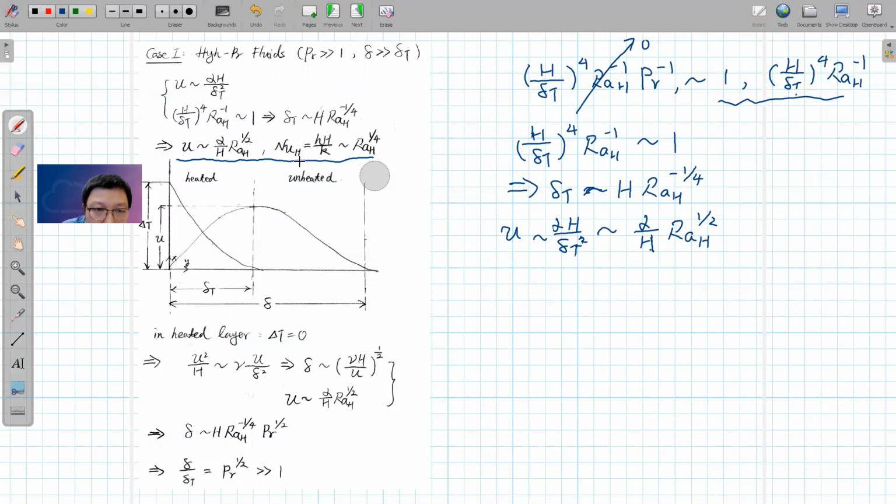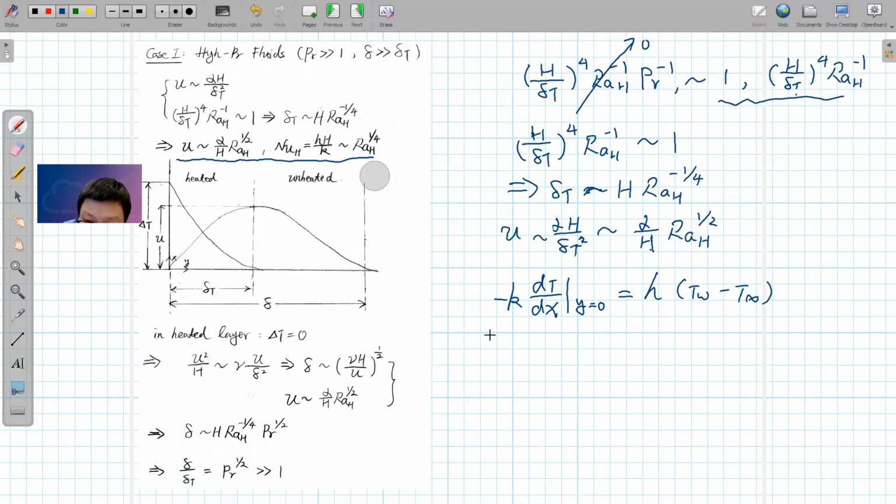you can also derive the Nusselt number based on this thermal boundary layer thickness. The way to do this is, from the energy balance, the conduction at the wall, dT over dy at y equal to 0, should be equal to the convection, h times T wall minus T infinity.